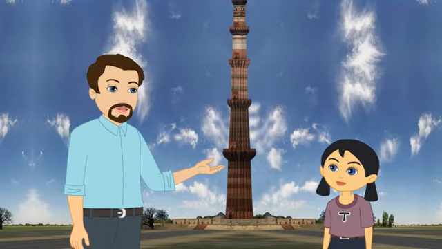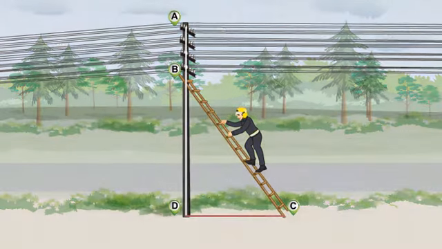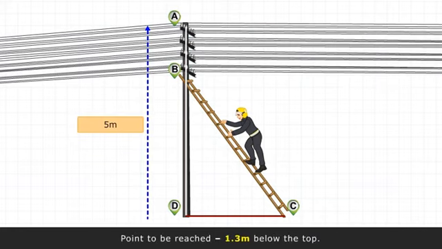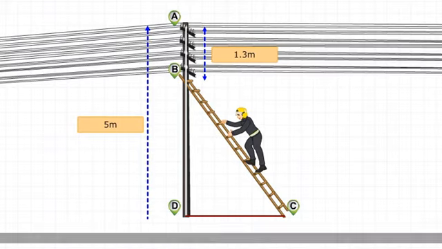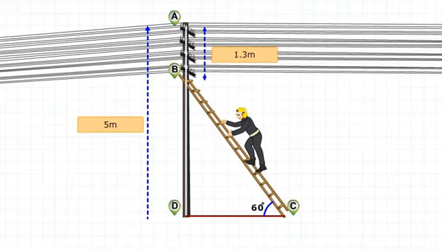Now let us solve some examples. An electrician has to repair an electric fault on a pole of height 5 meters. He needs to reach a point 1.3 meters below the top of the pole to undertake the repair work. If the ladder is at an angle of 60 degrees to the horizontal, what will be the height of the ladder?